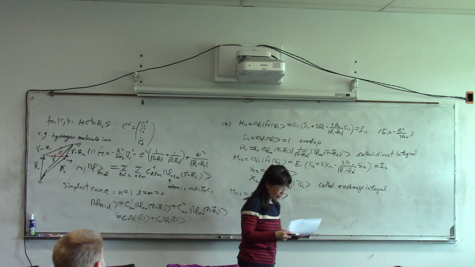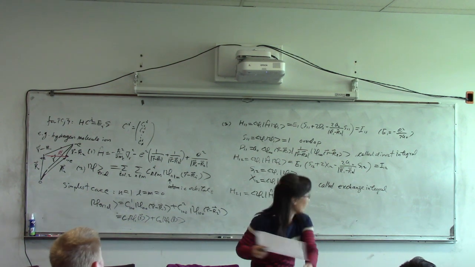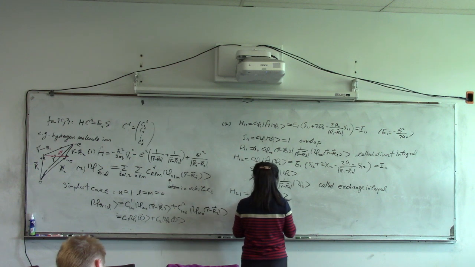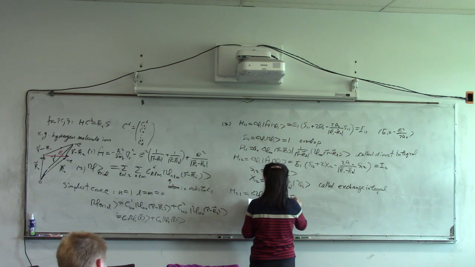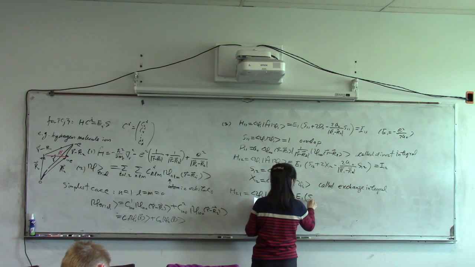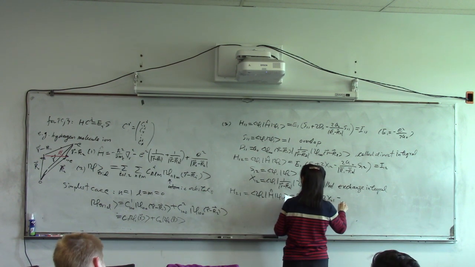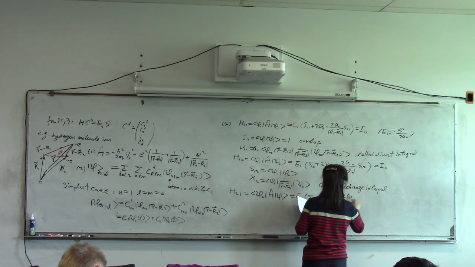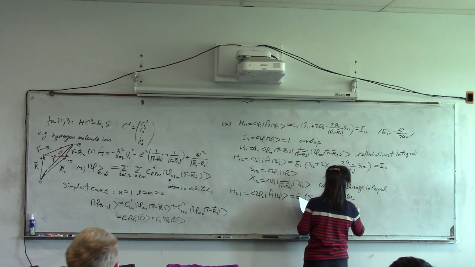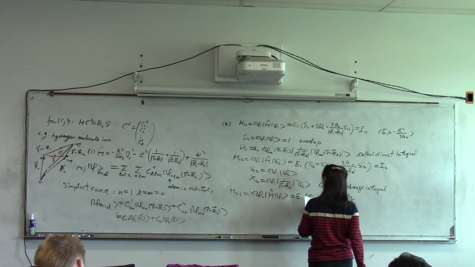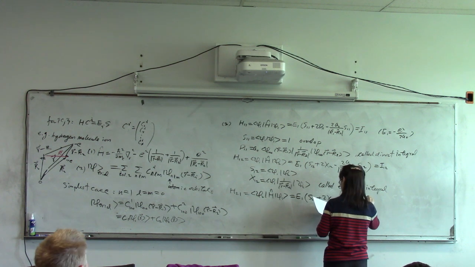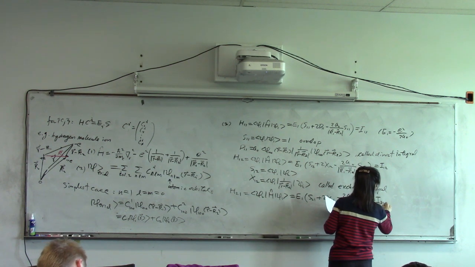So now, let me give you the result. It is equal to E1 S21 plus 2X21 minus 2A0 over R1 minus R2 S21. Let's give it a name, I21.